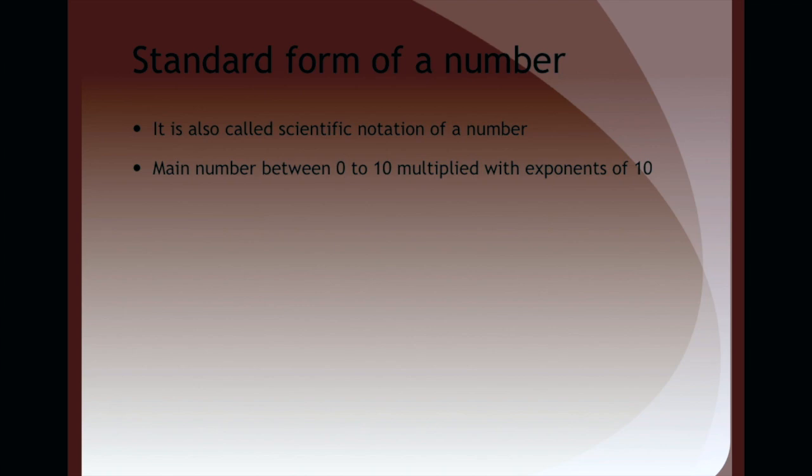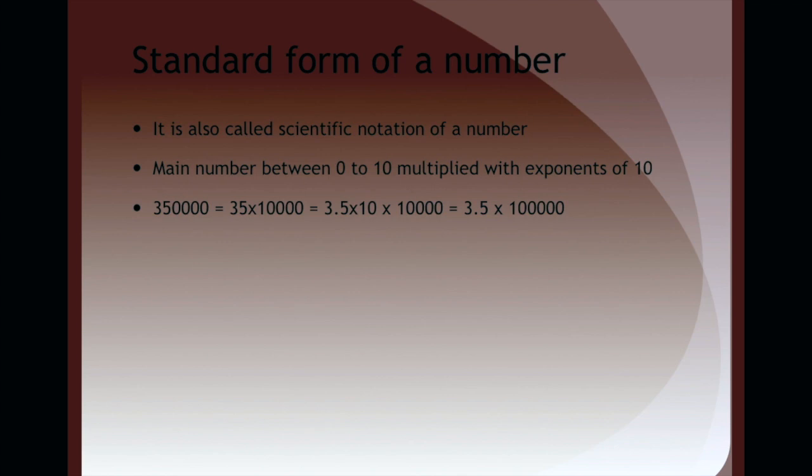What is that? Suppose we want to write some number into scientific notation or standard form. The main number should be between 0 and 10, and then we multiply the remaining part with exponents of 10. What does it mean? Let us take an example to understand it better.